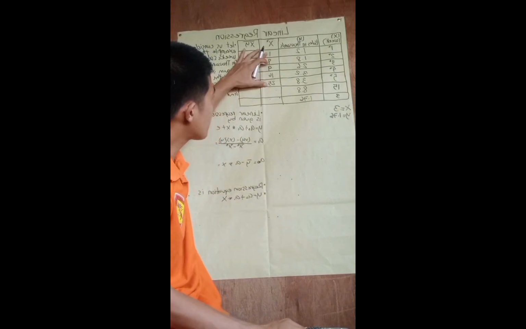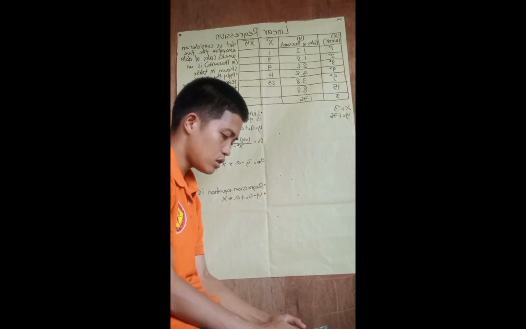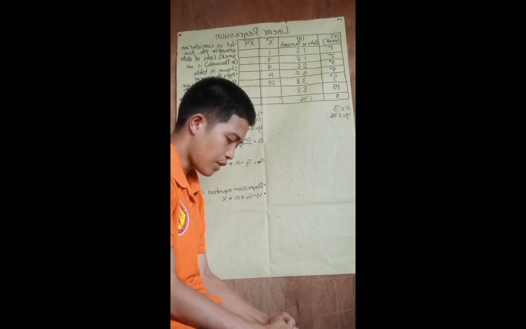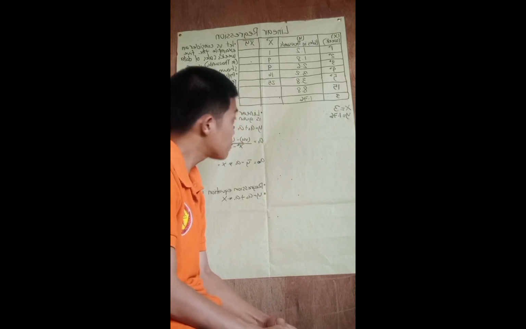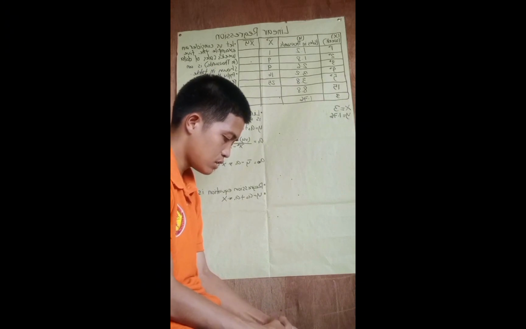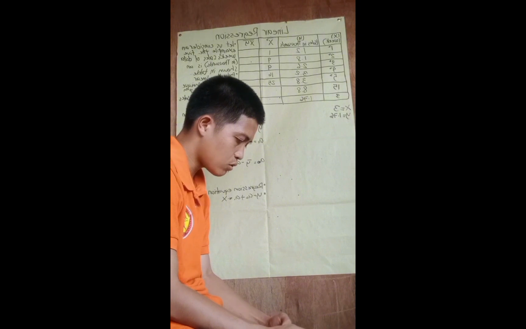To get the sum of x squared, we add all of the numbers of x squared: 1 plus 4 plus 9 plus 16 plus 25 is equal to 55.